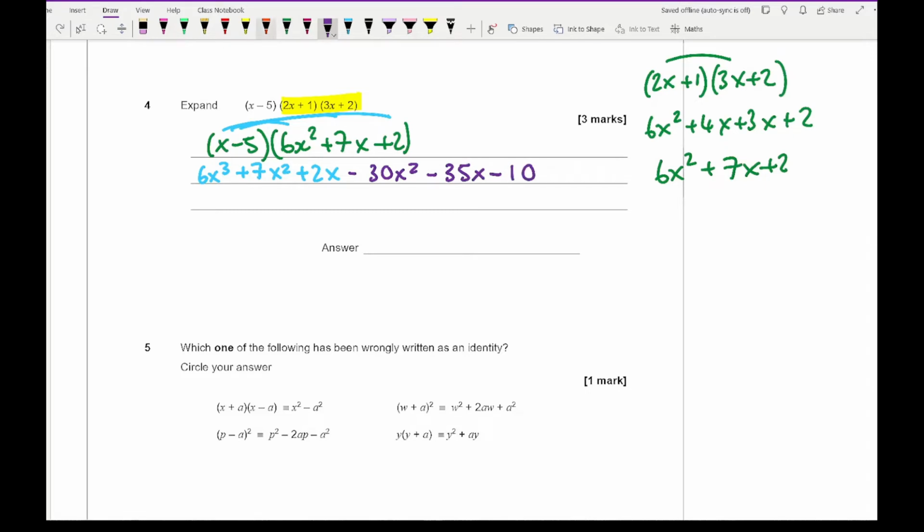And then joining all of those things together, I've got 6x cubed, then I've got 7x squared minus 30x squared, which is going to give me minus 23x squared. I've got 2x minus 35x, which is going to give me minus 33x. And I've just got the single minus 10, and there is my final answer.